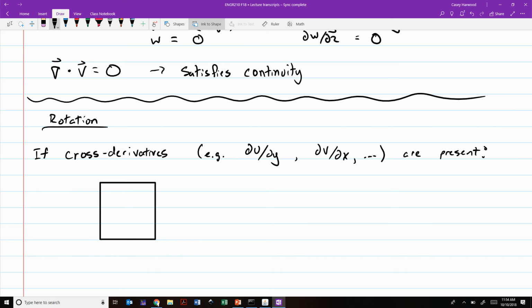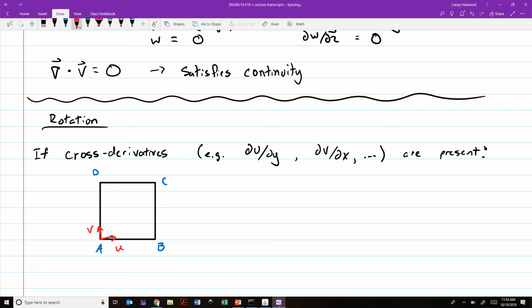We're going to quickly draw our little box again, A, B, C, and D. And in this case, down here at A, we might say that we've got velocity u and v.